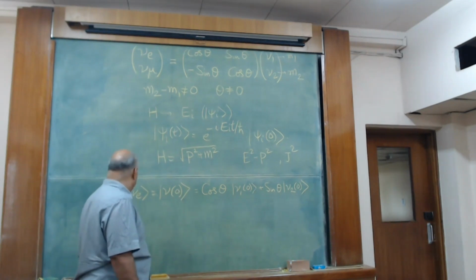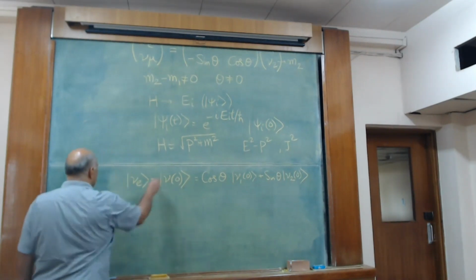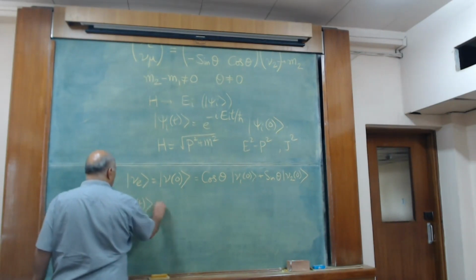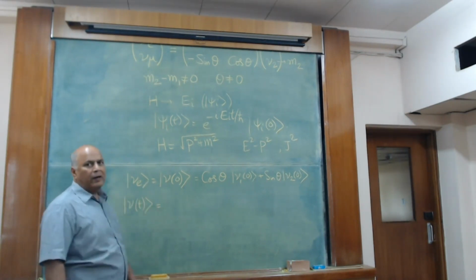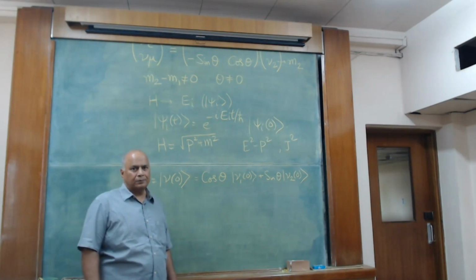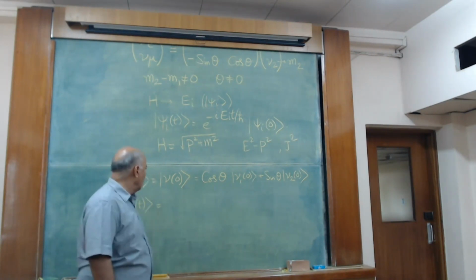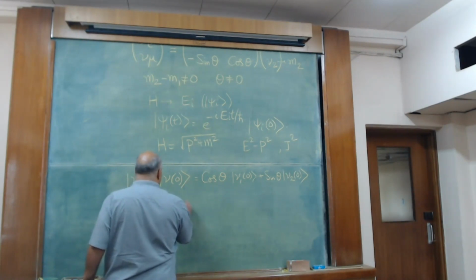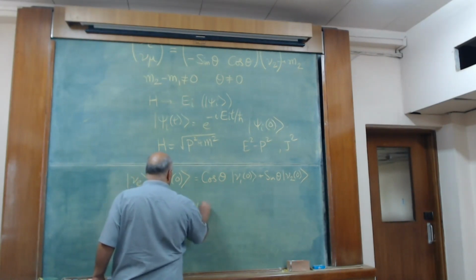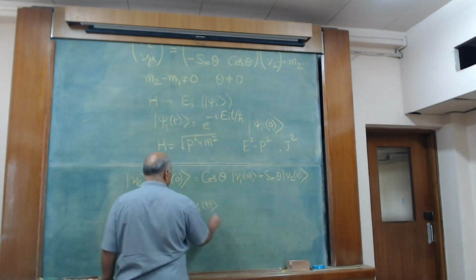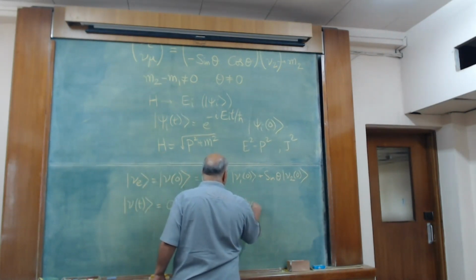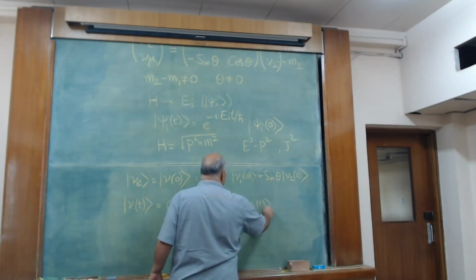So, how does this neutrino state look at a later time? This is cos theta nu1 of t plus sin theta nu2 of t.